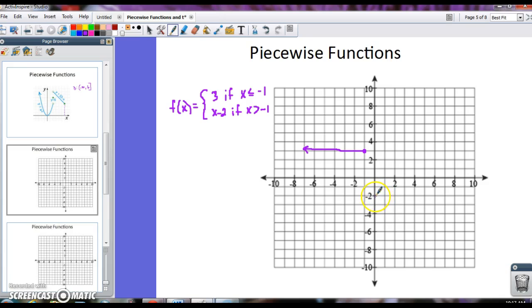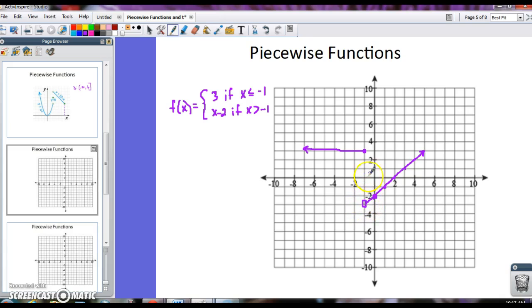Our y-intercept is at negative 2. Our slope is 1, which we can tell from the equation there, and we can go ahead and graph that. And remember that we have to carry this all the way down to where x is negative 1, but because it's just a greater than symbol, we have to have an open circle there.